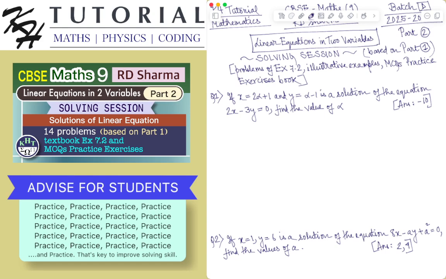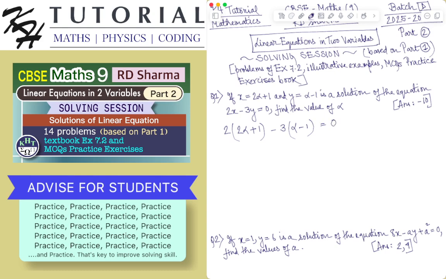So we must have 2 multiplied by the value of x of the root, which is 2 alpha plus 1, and then minus 3, and for y we will put the corresponding value of y of the root, which is alpha minus 1. This is equal to 0.